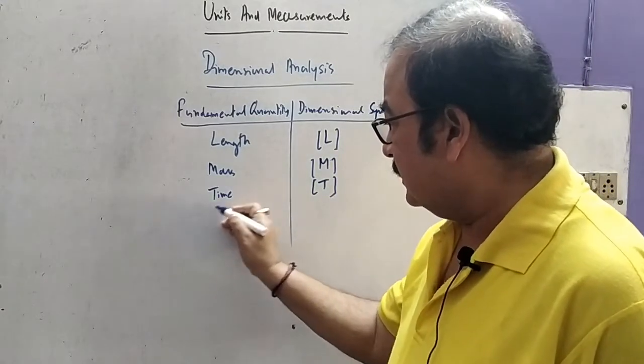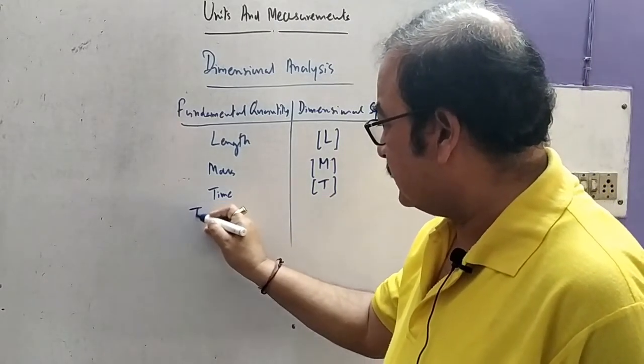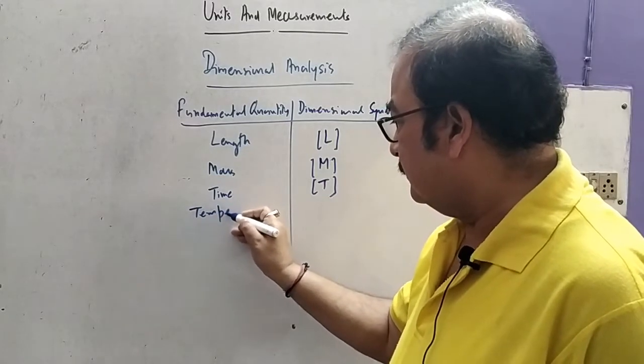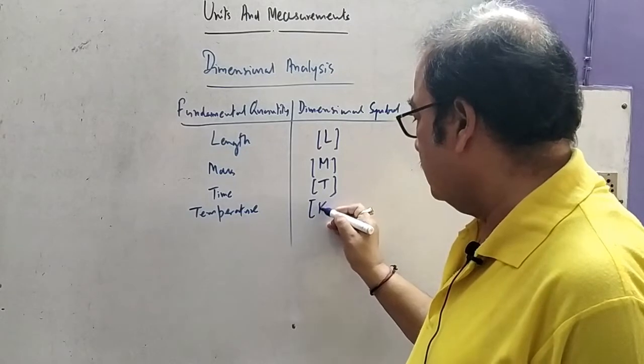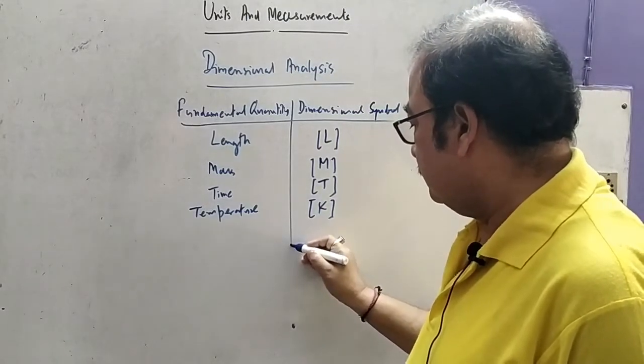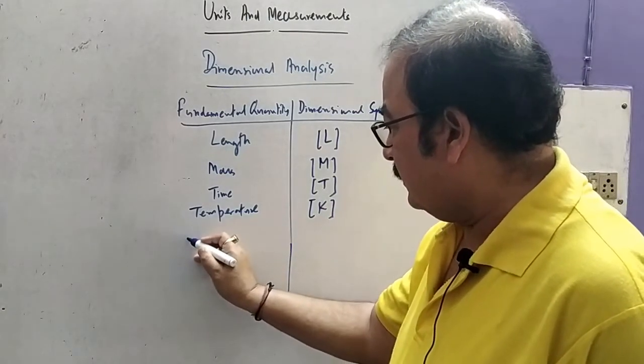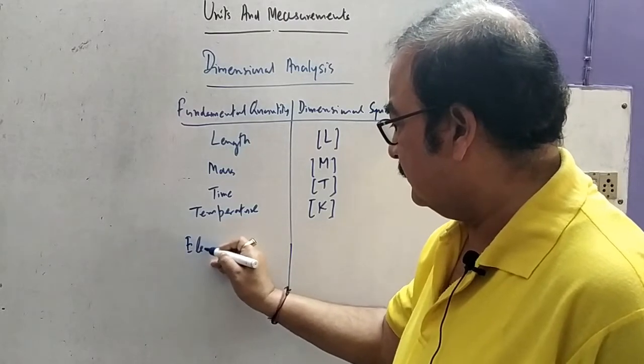Then we write temperature. It is written as K, for Kelvin. Then we write electric current.